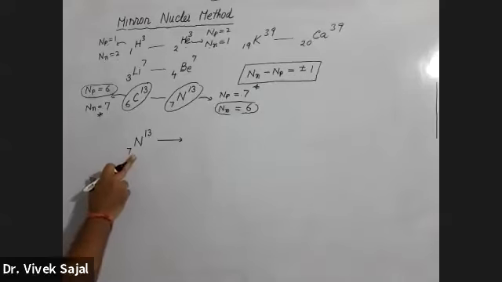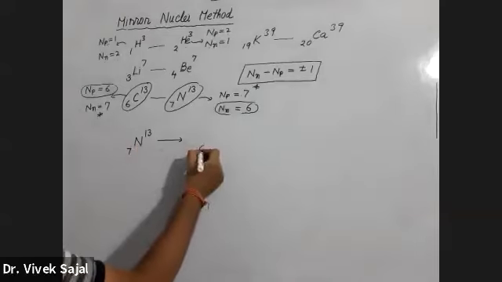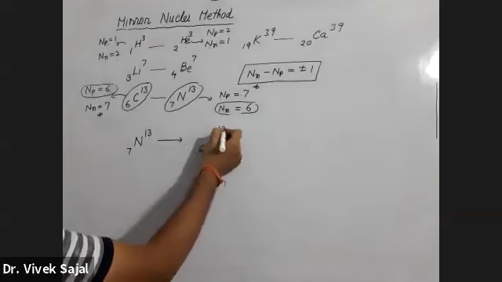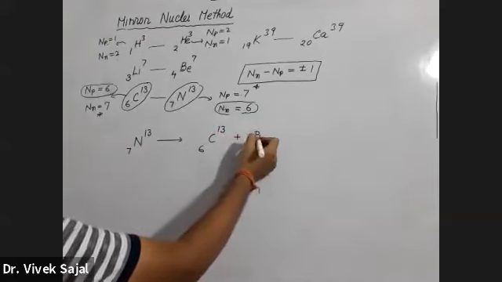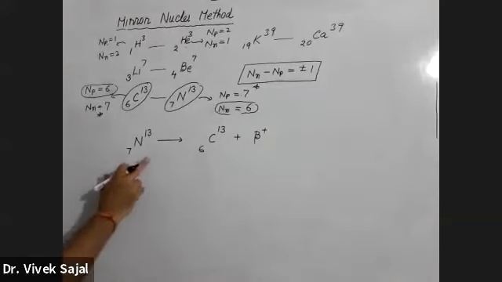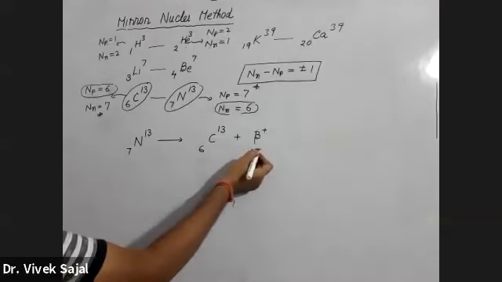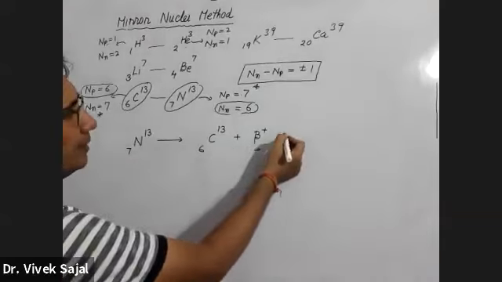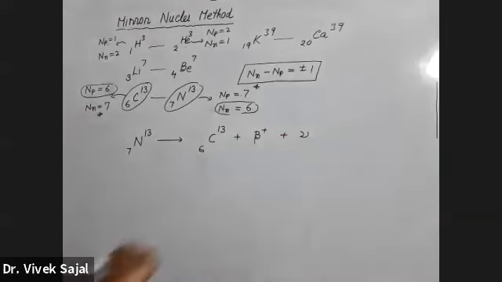Suppose we have this unstable nuclei, 7N13. It can convert into 6C13 by emitting a beta plus particle. So this is a beta emission process. And you are aware when a beta particle is emitted, this is always associated with a particle that is known as neutrino.